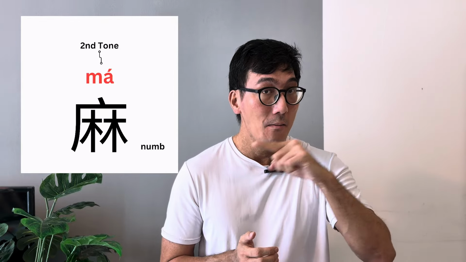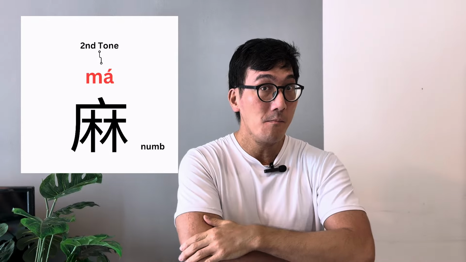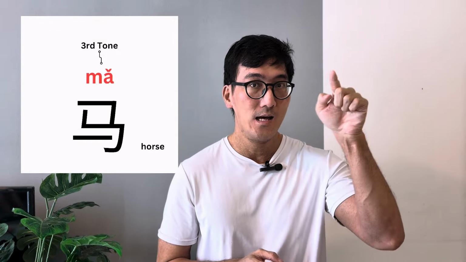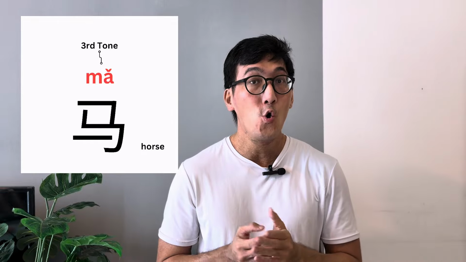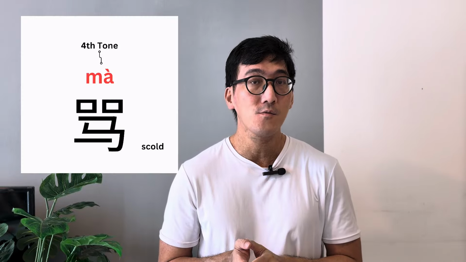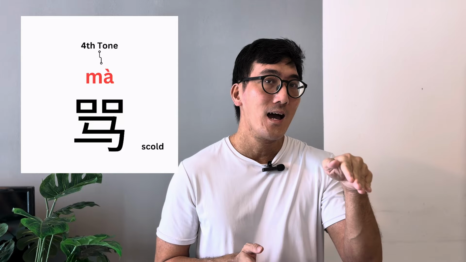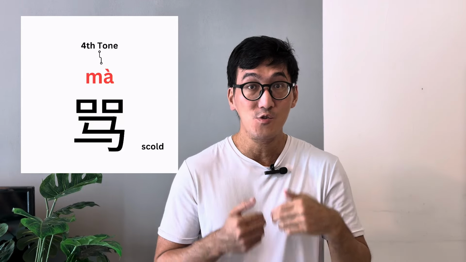Second tone, ma, numbness or to be numb. Third tone, ma, horse. Fourth tone, ma means to scold, to insult. So different tones, but same pronunciation, have a completely different meaning.